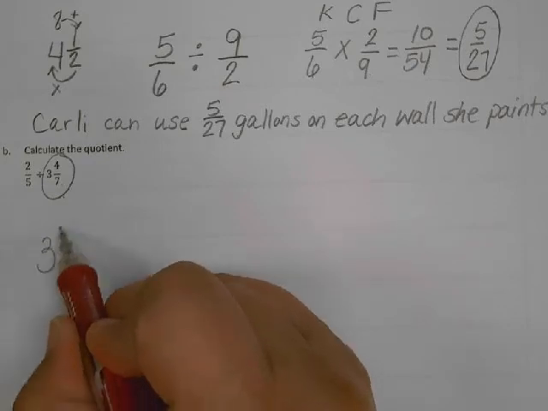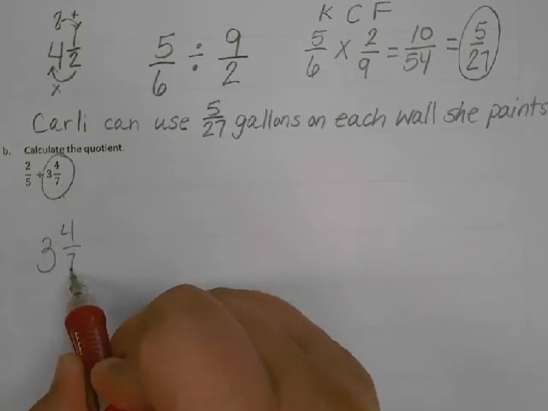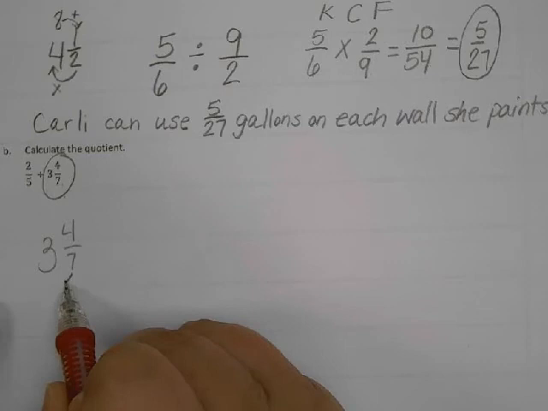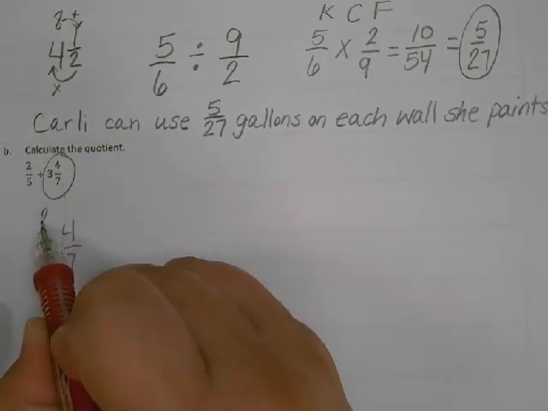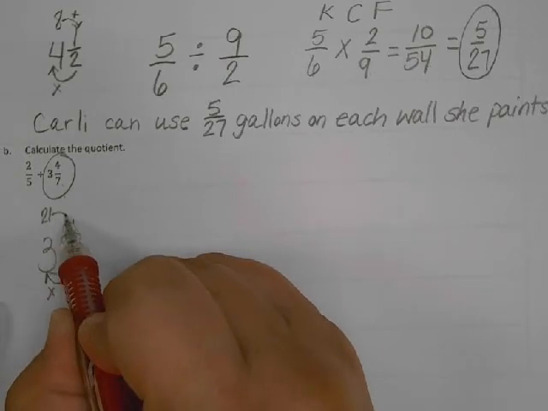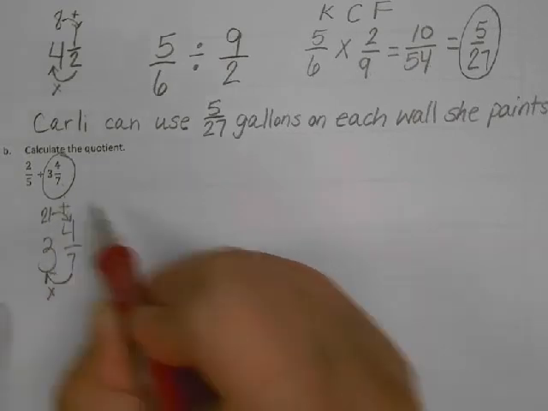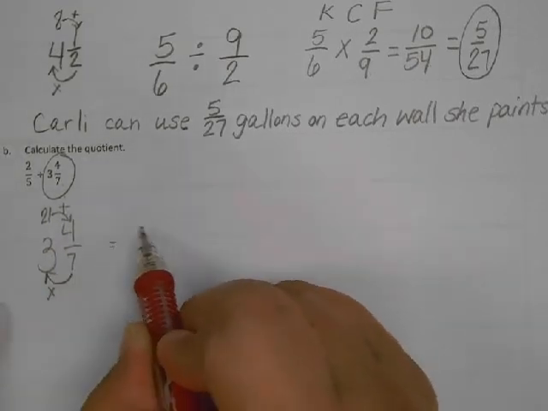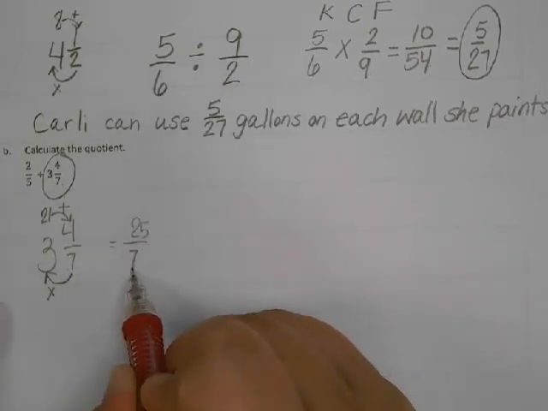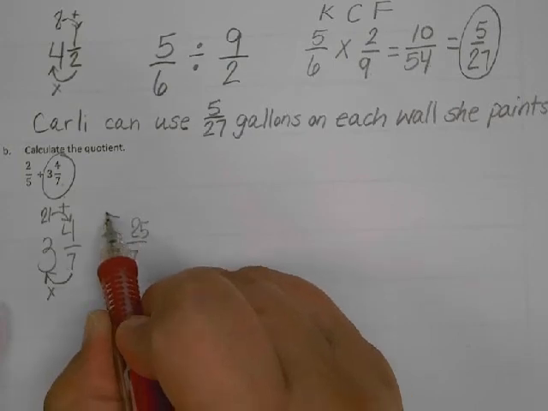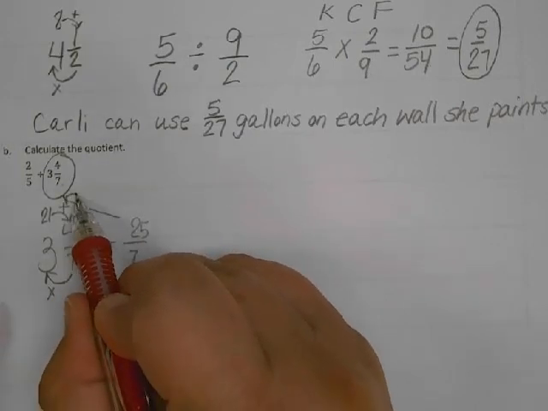So if I have 3 4/7, I'm going to multiply my denominator times my whole number, which gives me 21. And then I add that 21 to the 4, which gives me 25. And I keep my 7. So this replaces this number in my problem.